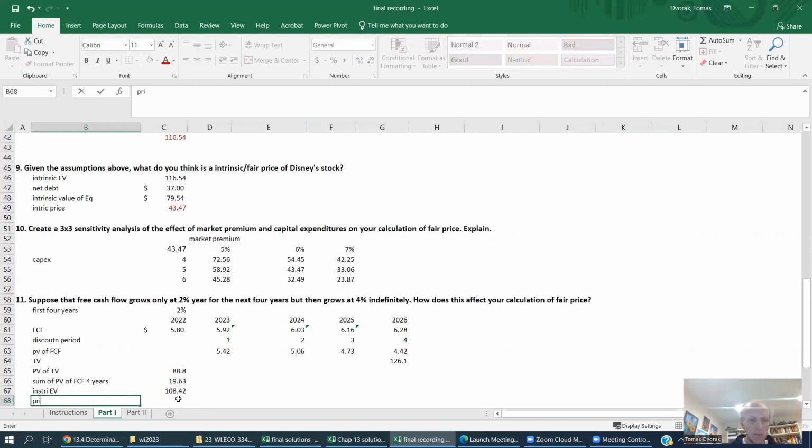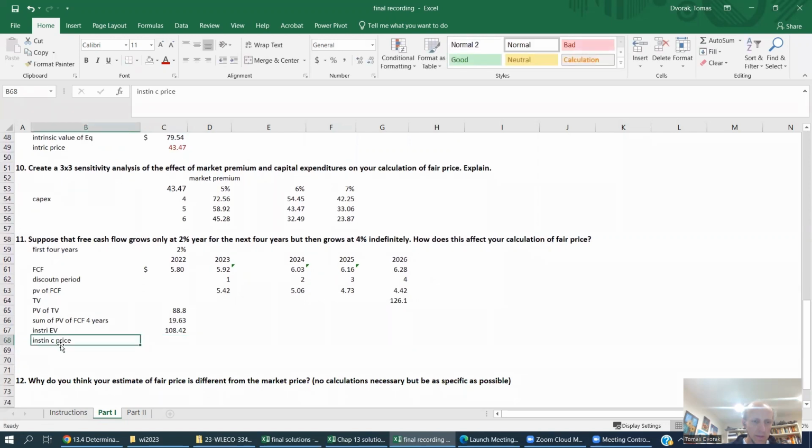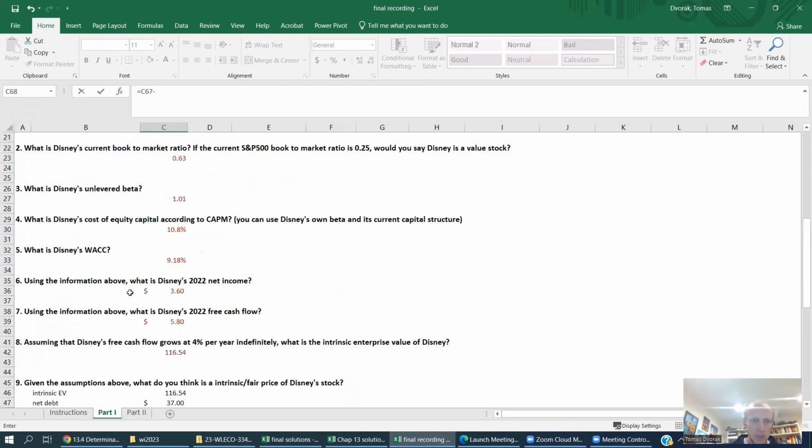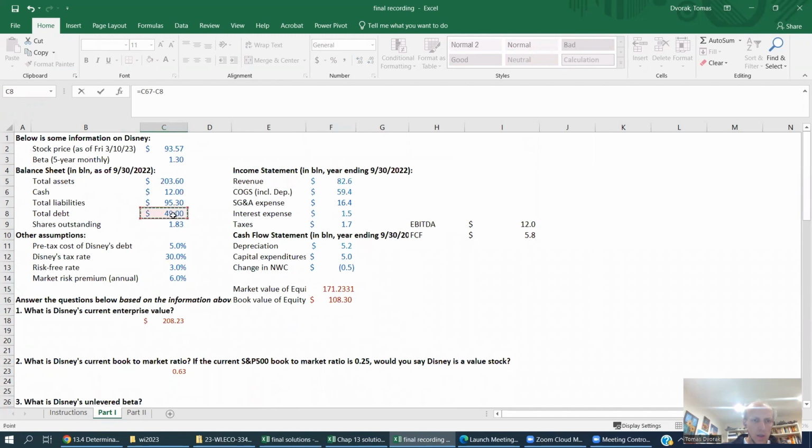And I can get my intrinsic price, and that's going to be the, oh no, that's the total EV. Price is going to come after. So let's do intrinsic value of equity. It's going to be this baby minus net debt, which is total debt plus cash.